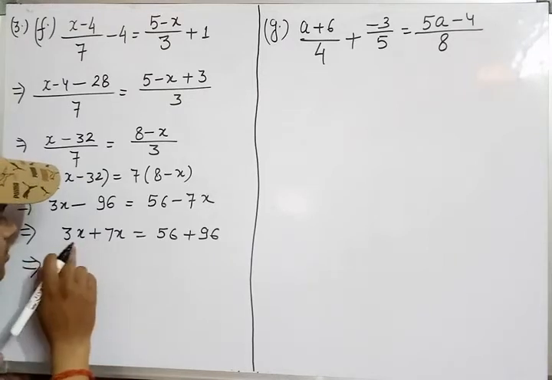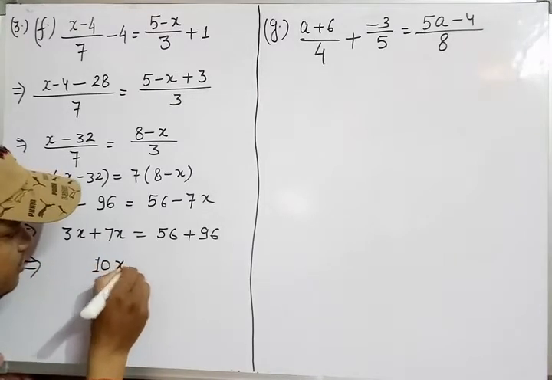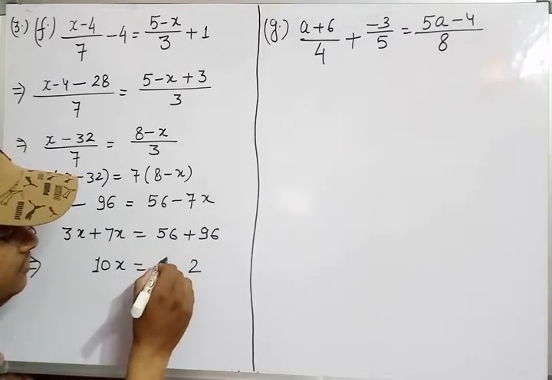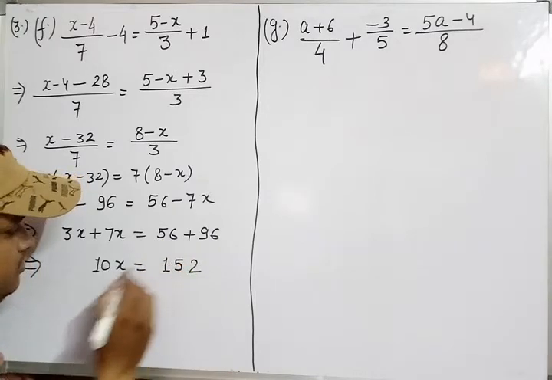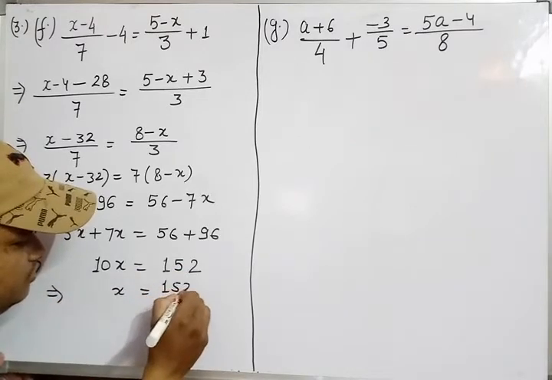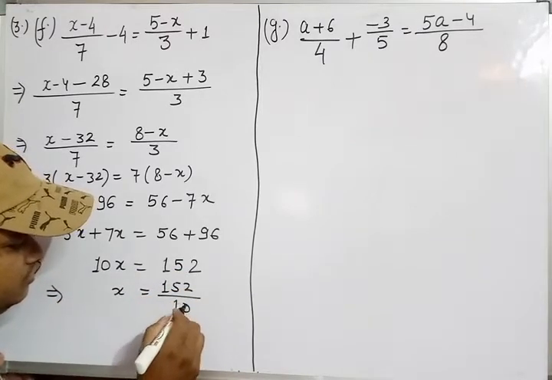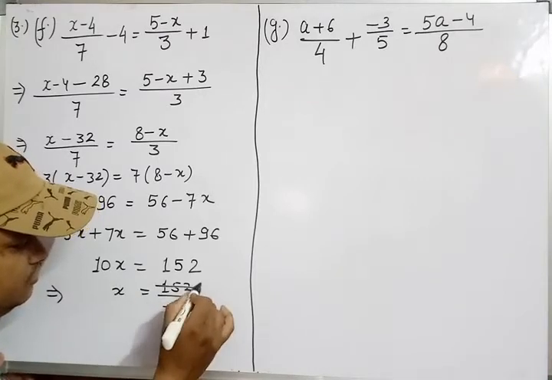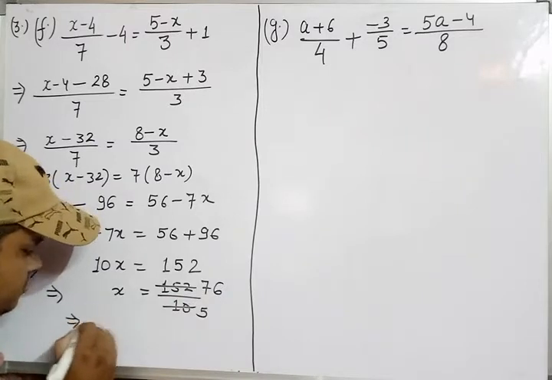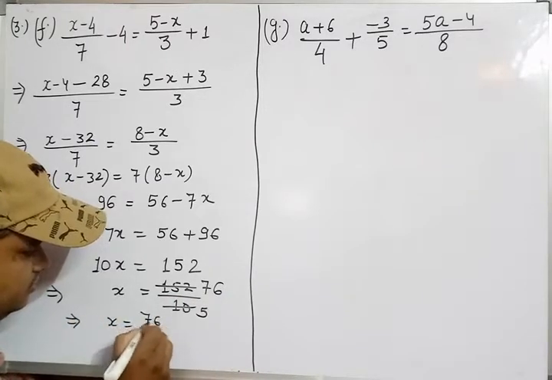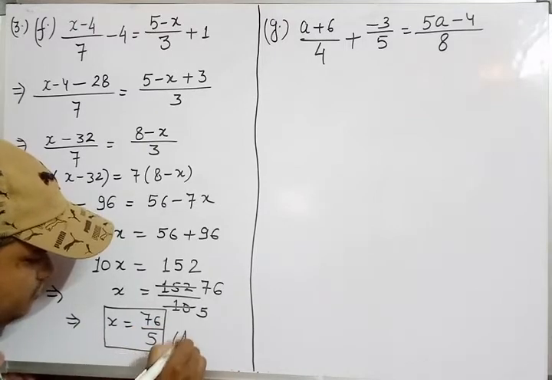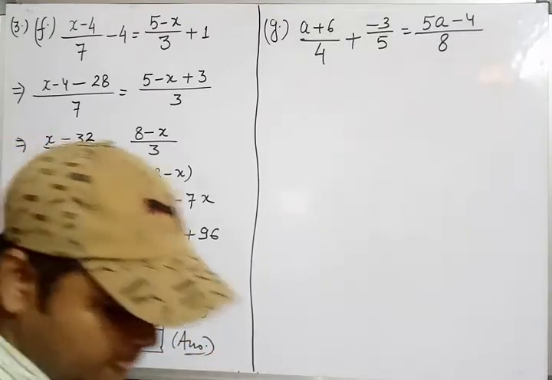Now 3 plus 7 means 10x is equal to 6 sixes are 12, and 9 plus 5 is 14, and 1 plus 1 is 15. Then again we have to shift this 10 to RHS. So here 2 fives are 10, 2 sevens are 14, and 2 sixes are 12. So the answer is x is equal to 76 upon 5.